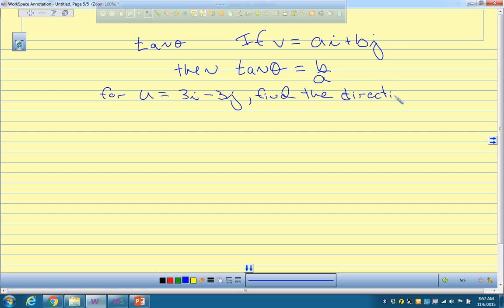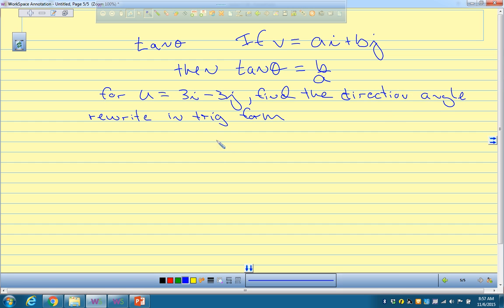And I could rewrite in trig form. I'm going to call that trig form because I couldn't find in the book what it's called. So, find the direction angle.